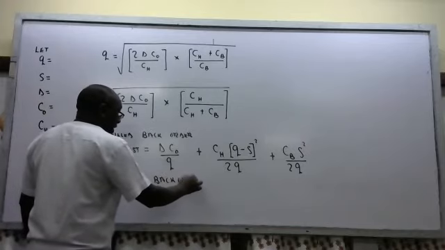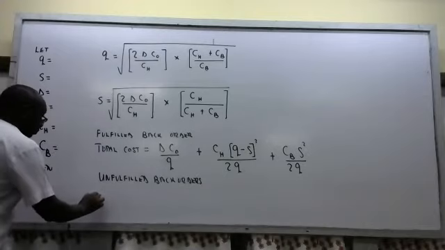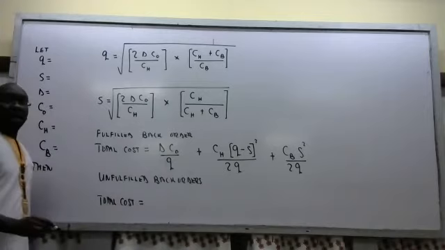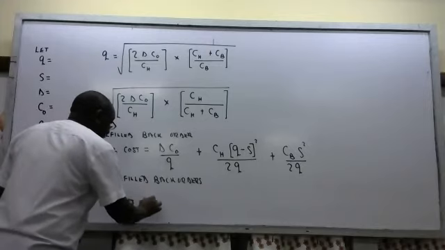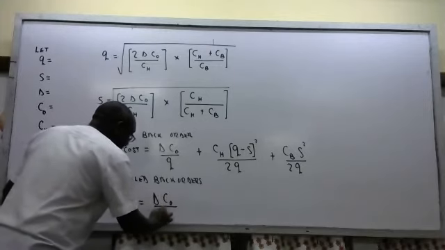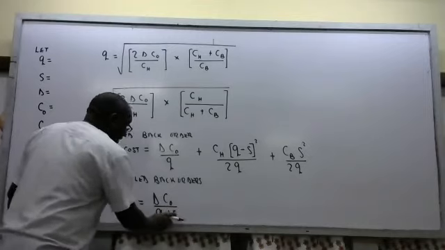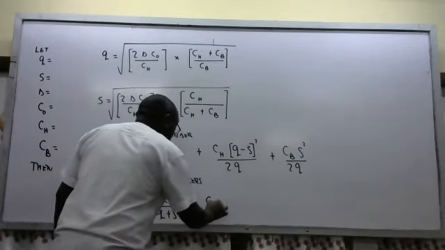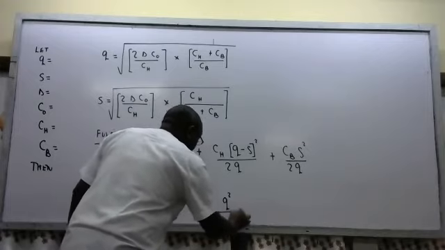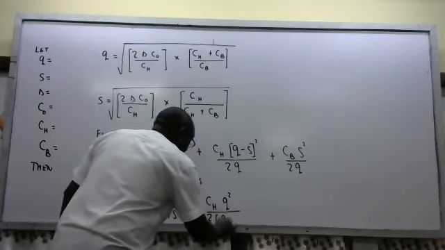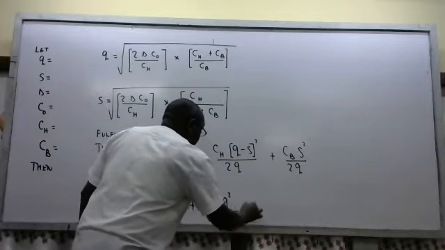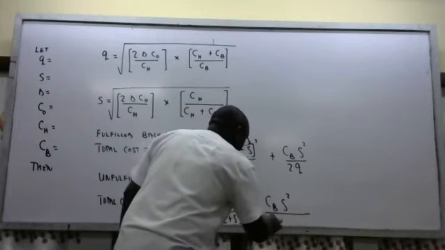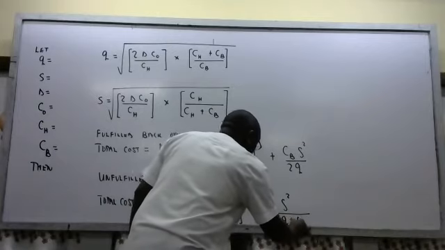And fulfilled back orders is DC naught out of Q plus S plus CH Q squared out of Q plus S plus CB S squared out of Q plus S.